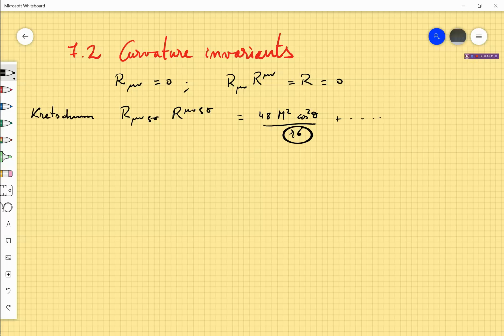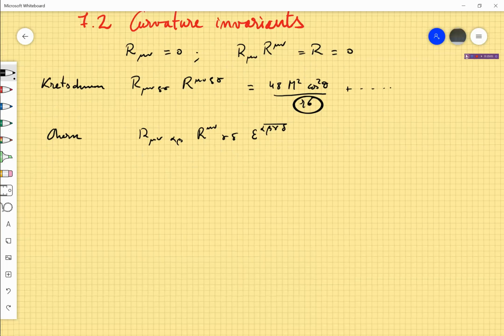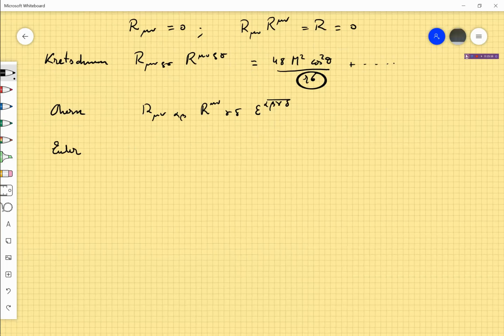then there is the Chern invariant, in which you contract R_μν αβγδ with itself, contracted with αβγδ. And then the Euler invariant, which you have probably met if you did this or tried to do this exercise on the Gauss-Bonnet Lagrangian density.